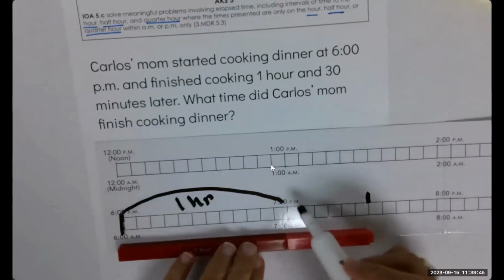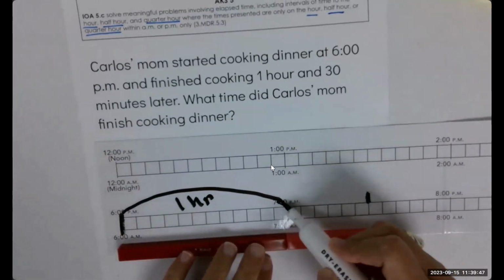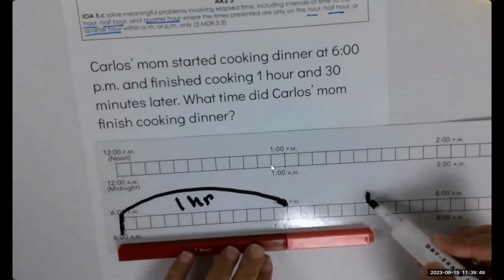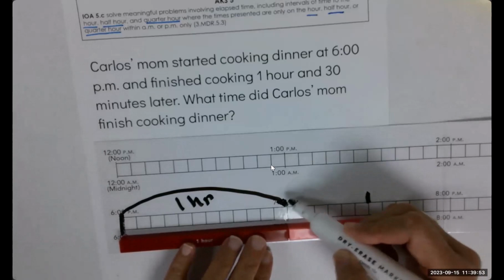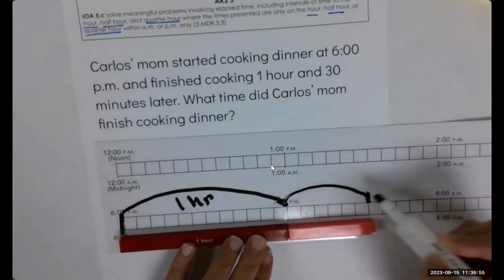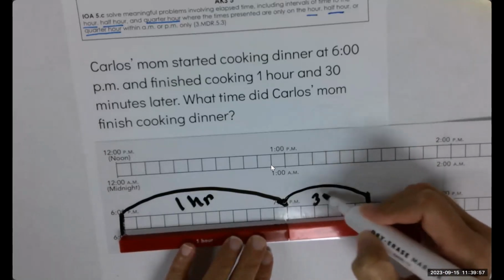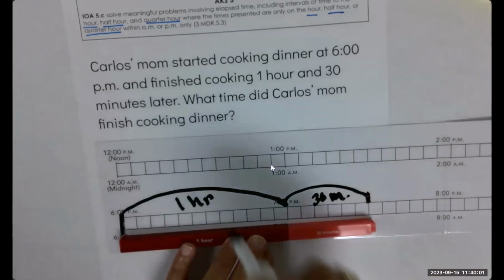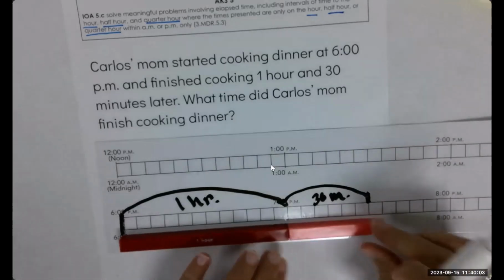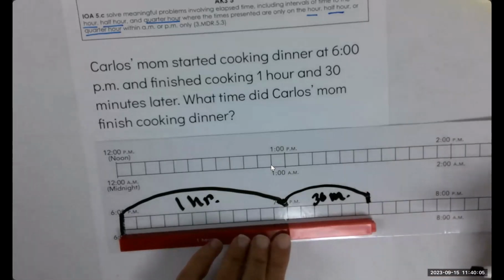My hour took me to 7 p.m. So I know that's 1 hour. Well, now I've got to count here. If your students already know that's 30 minutes, I'm just going to use an N for minutes. Your students may, at the point in their learning progression for telling time, have to count by 5 minutes, and that's okay.